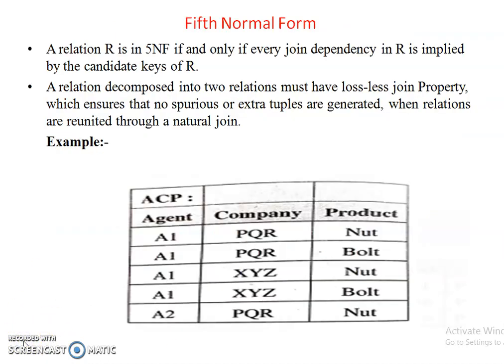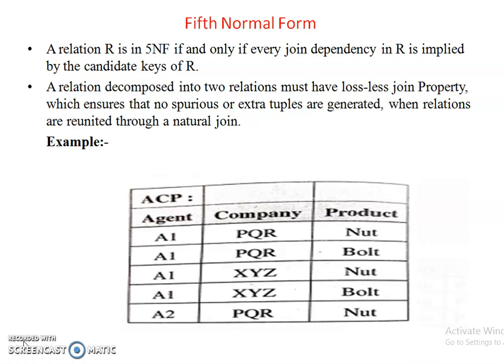Now we discuss fifth normal form. A database is said to be in fifth normal form if and only if it is in fourth normal form and it is possible to decompose the table into multiple tables to eliminate redundancy, and if we join the decomposed tables by means of the candidate key, then the original data should not get lost and no new records should get added.